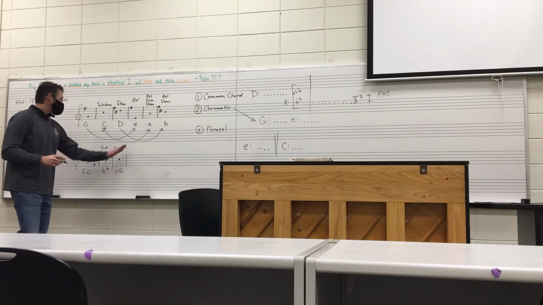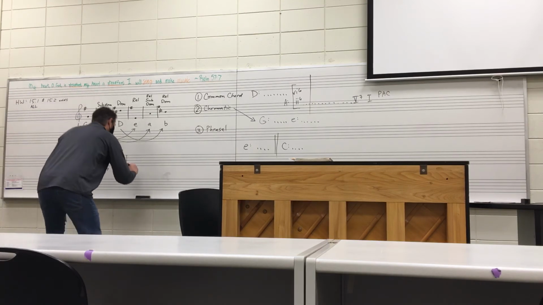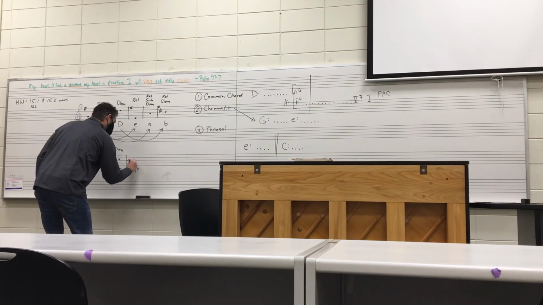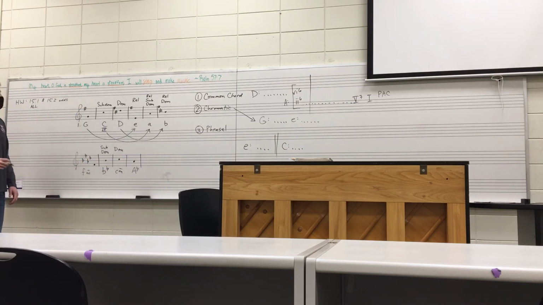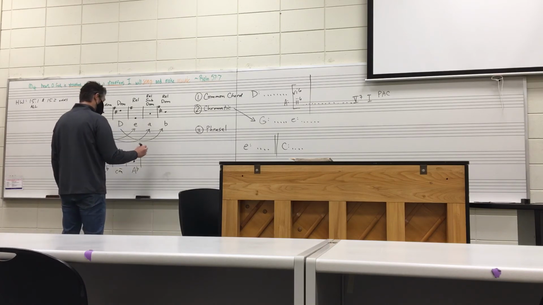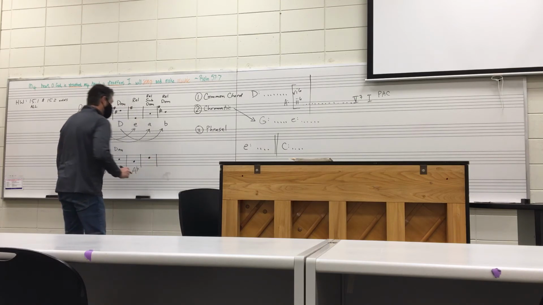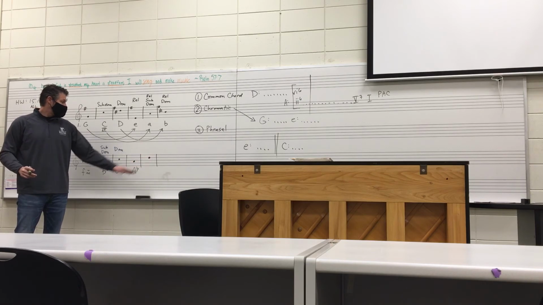So then I'm gonna go to the relative key. 4 flats is A flat major. Then I'm going to add a flat to find the 4th. 4 above A flat is D flat.